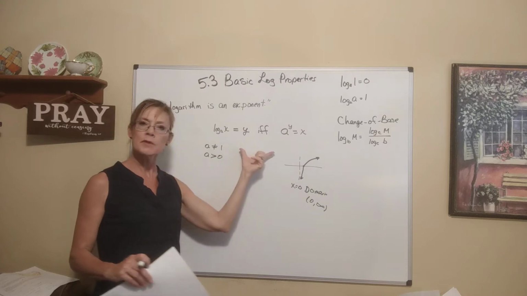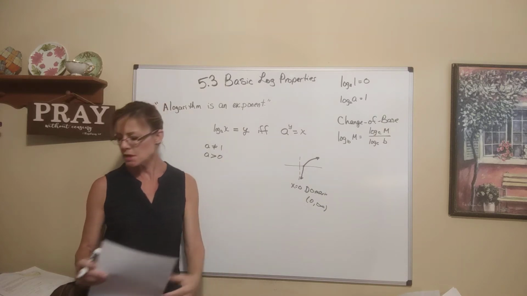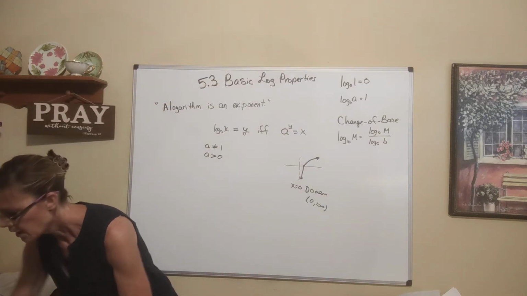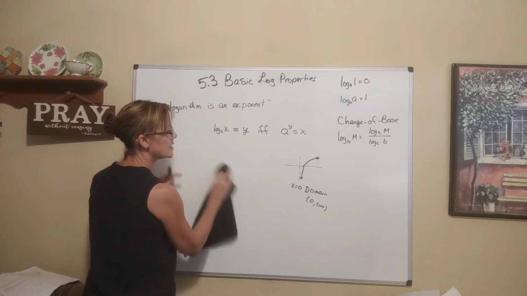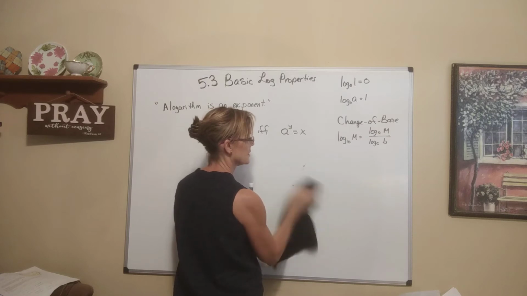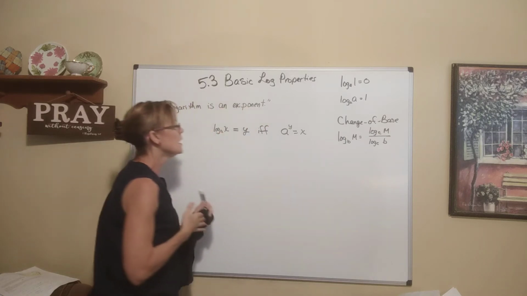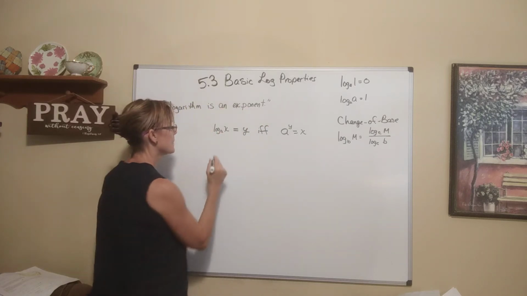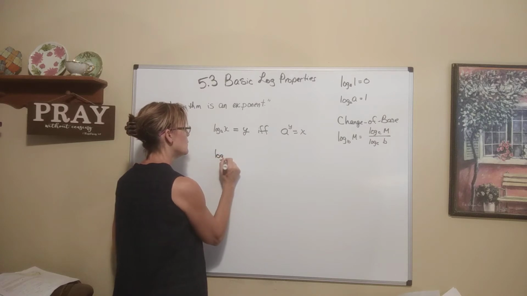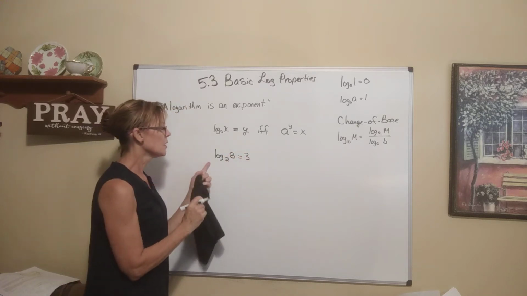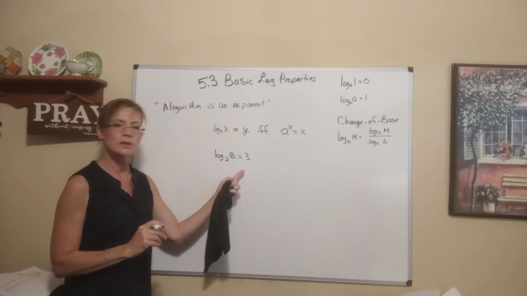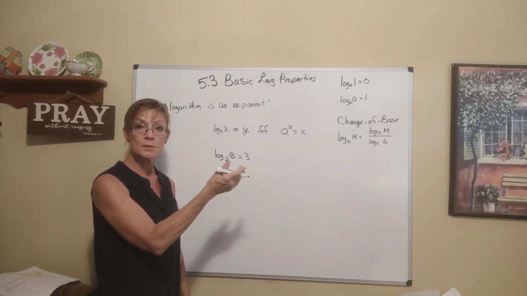Let me put numbers in here, and this will help us see it a little more clearly. This is a true statement: log base 2 of 8 is equal to 3. I'm going to write it in its exponential form.